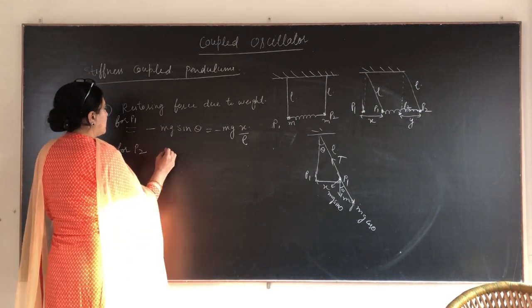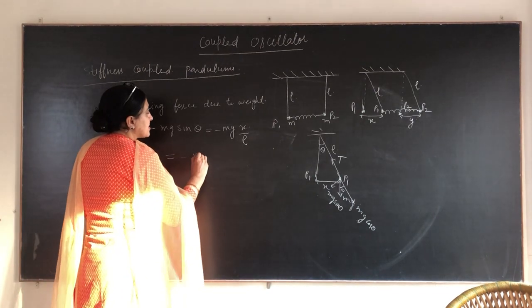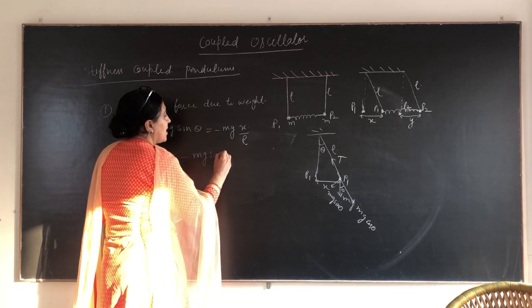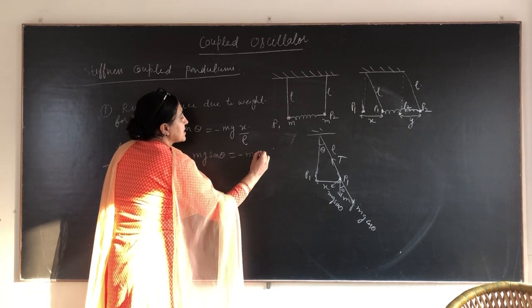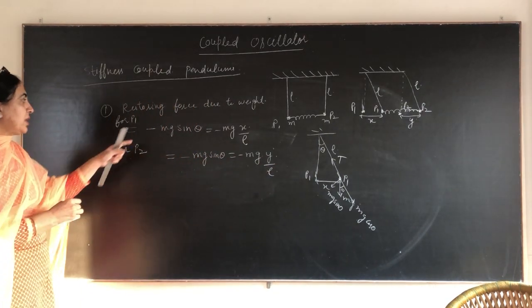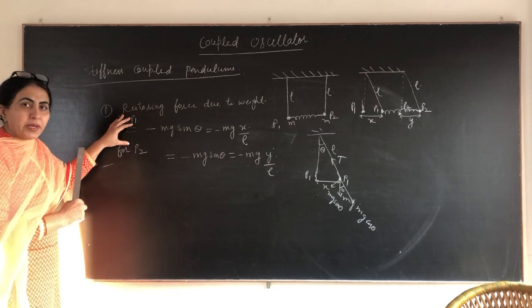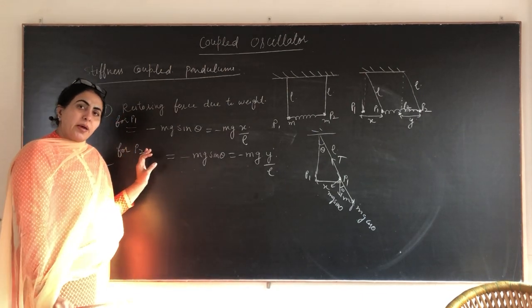So for P2, the restoring force will be minus mg sin theta, that is equal to minus mg y by L. So these are the restoring forces due to weight, this for pendulum P1 and this for pendulum P2.